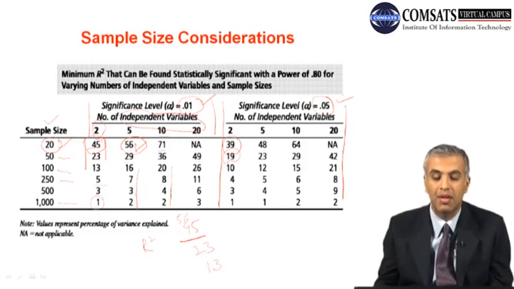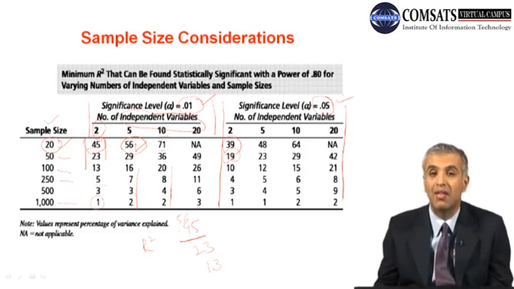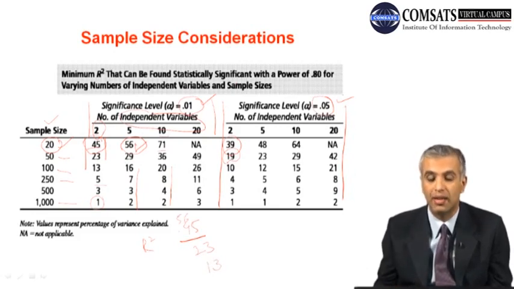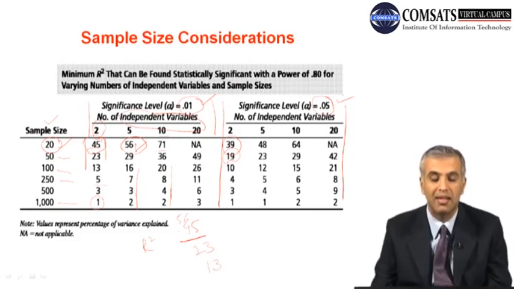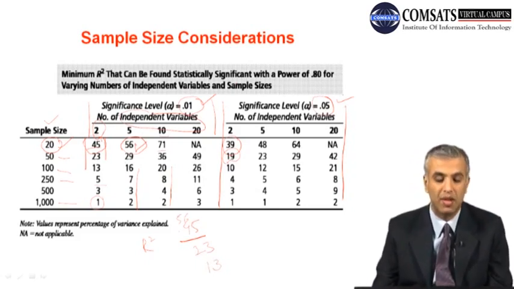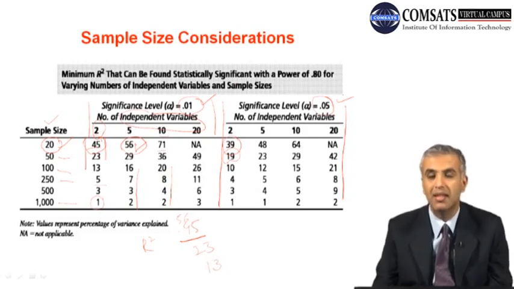With the same number of independent variables and the same sample size, but a different level of significance, the minimum R square which can be calculated is quite different. So from this table it is evident that three things impact the minimum R square that can be detected. One is the sample size, the second is the significance level, and third is the number of independent variables.